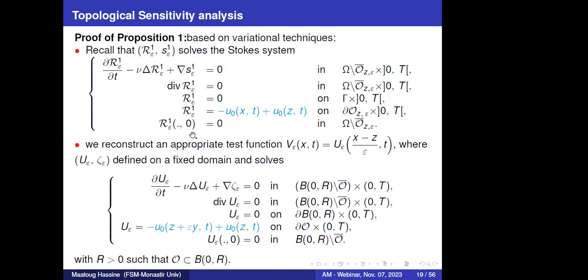For the proof of this result, we will use a variational technique. The main idea here is to construct an appropriate test function defined by this expression, where U epsilon satisfies this Stokes system problem, which is defined in a fixed domain independent of epsilon.